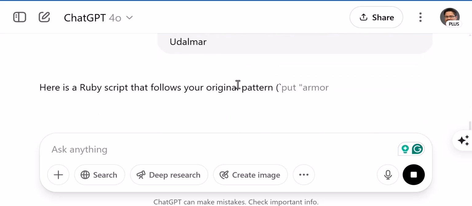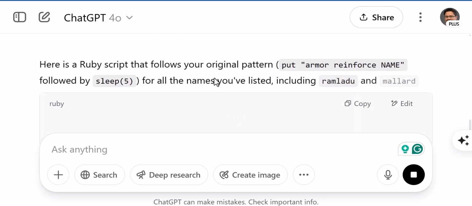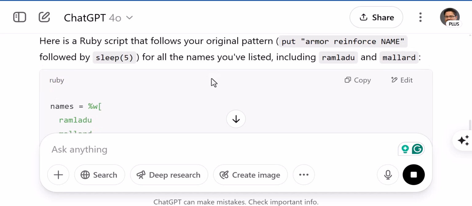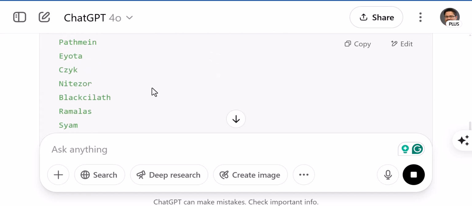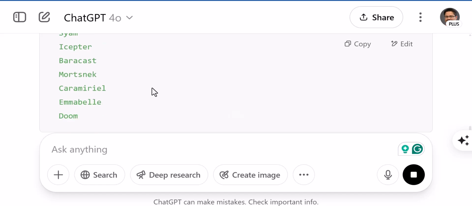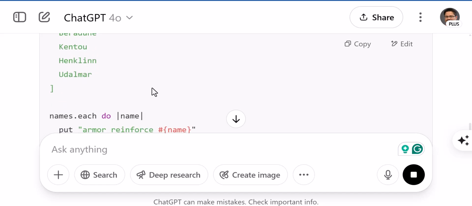Here's a Ruby script that follows the original pattern for all the names you listed, including rambladu and mallard. In real time, it's working. So it's given me this code.